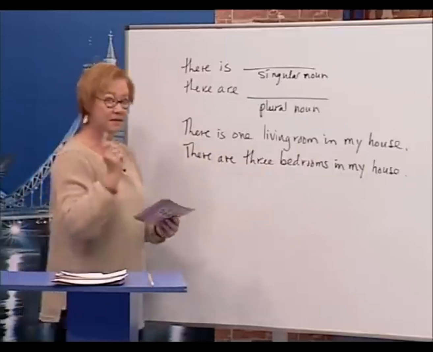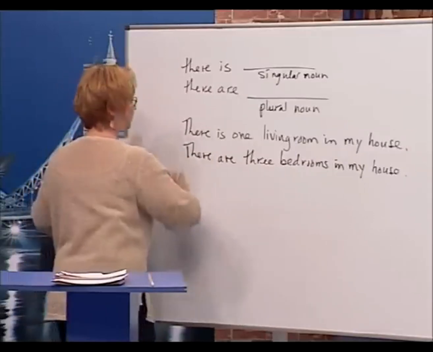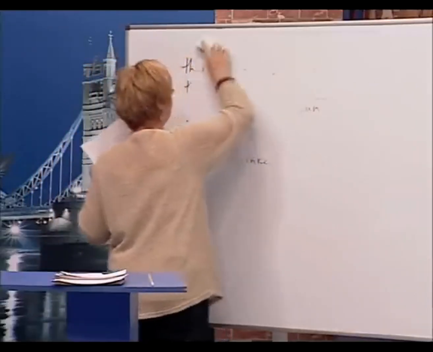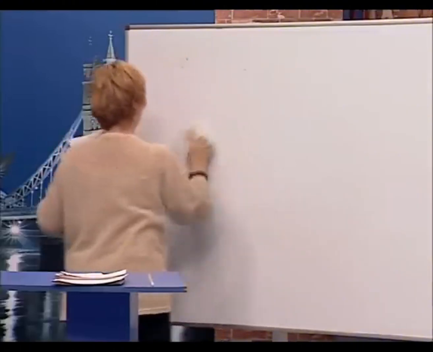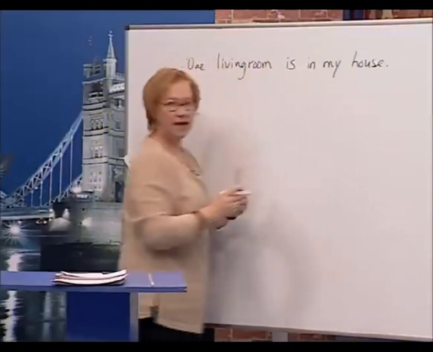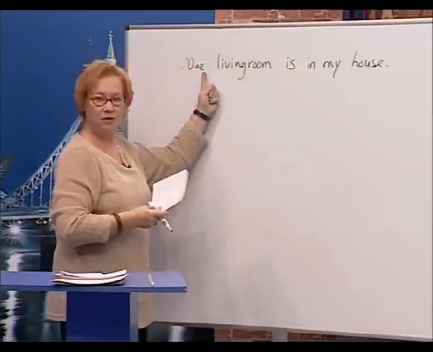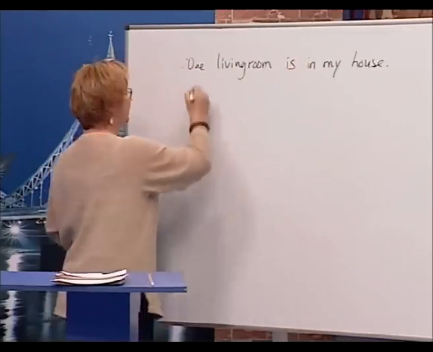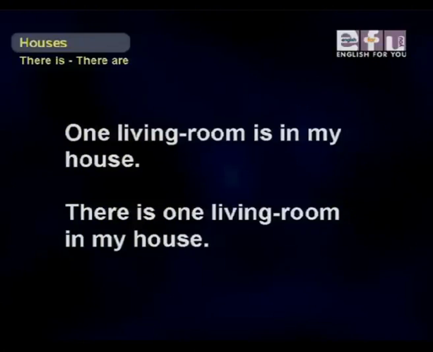Now, here are some more examples. And I'll show you a couple of ways to do this. So here's the first one. One living room is in my house. Okay, you know this. But we can say it like this.